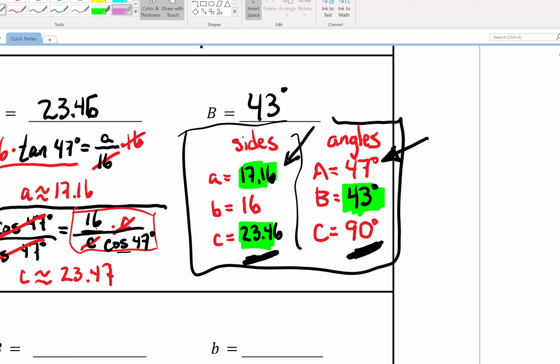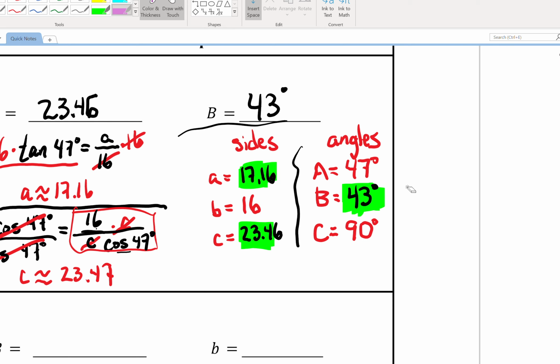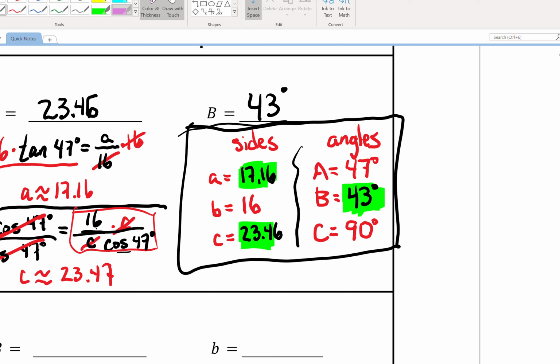And yes, 17.16 is bigger than 16. And the smallest angle should be opposite the smallest side. And that also holds true. So just to check your reasonableness, depending on how much time you have to check your work, you can just see, does my answer make sense? My hypotenuse has to be the largest side, and my smallest side should be opposite the smallest angle.